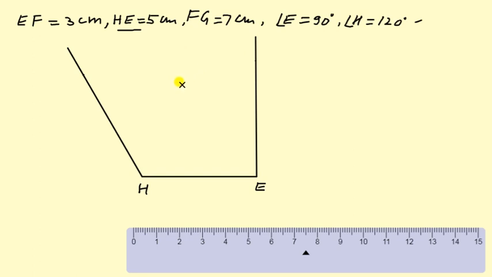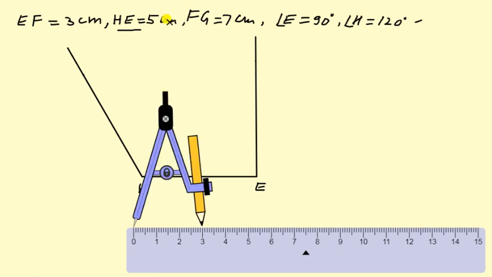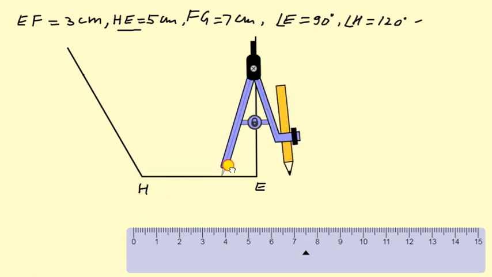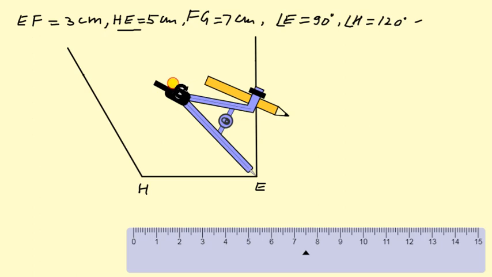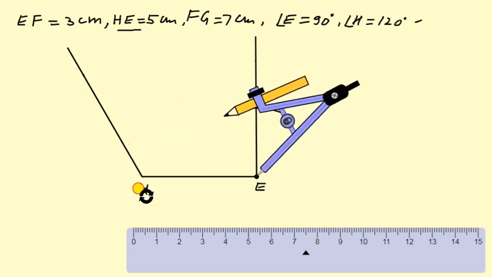Which arc? HG is not given, but EF is given. Take a distance of 3 centimeters in your compass. Now keep it at E and draw an arc like this.